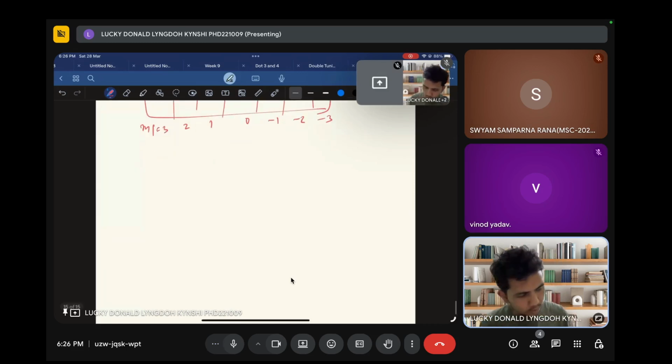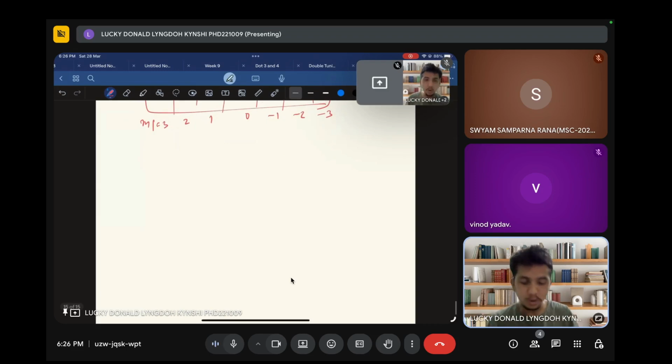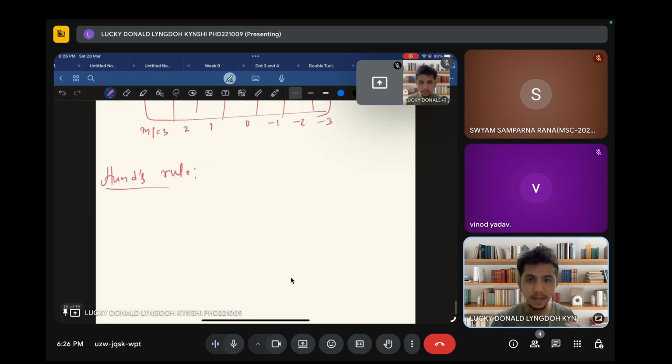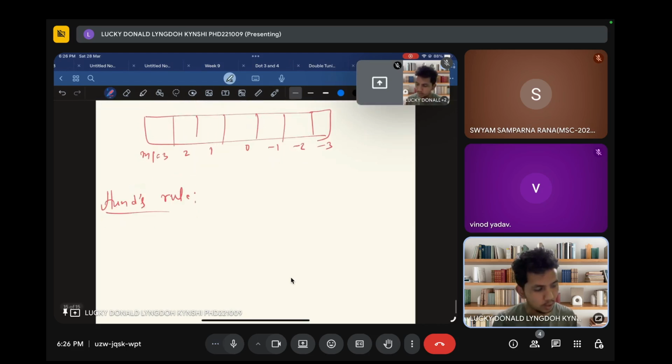So now we can see how the electrons fill inside the 7 orbitals, because there are 9 electrons and 7 orbitals. You can use the concept of Hund's rule, which says that the first 7 electrons will occupy each orbital with spin half.